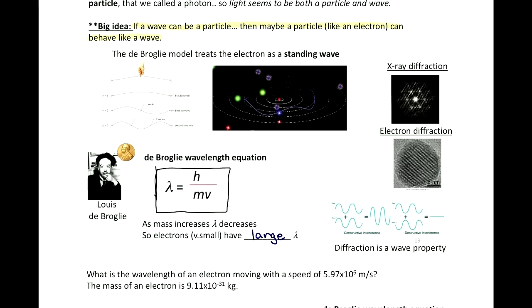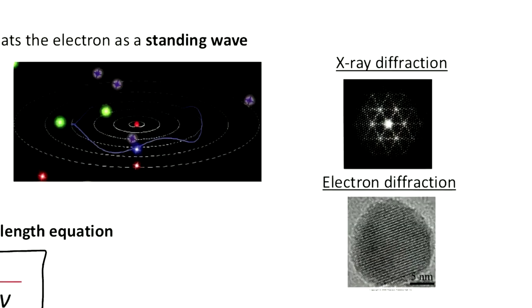So an example of a wave property is diffraction. Diffraction is when we either have constructive or destructive interference of waves, how they propagate, like how they line up. So X-rays, or even diffraction off of the back of a CD or something, light can either constructively or destructively interfere with one another. You get these weird patterns.